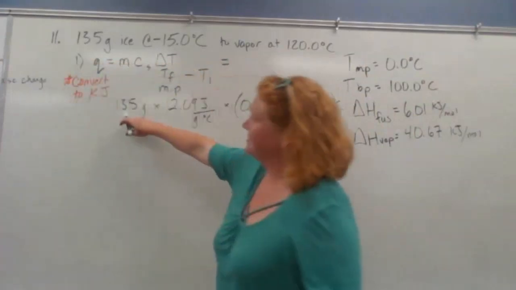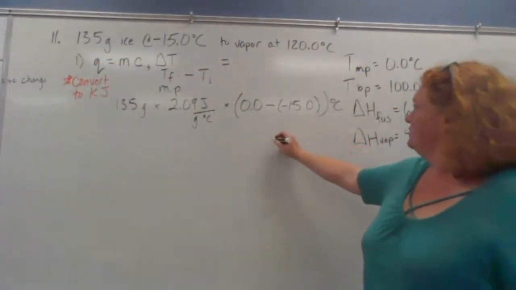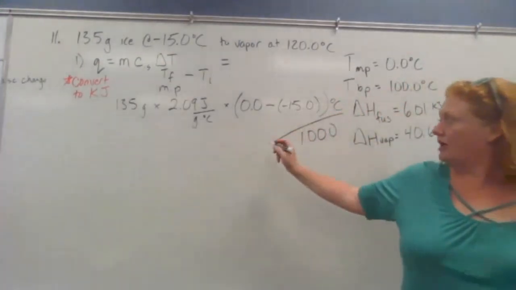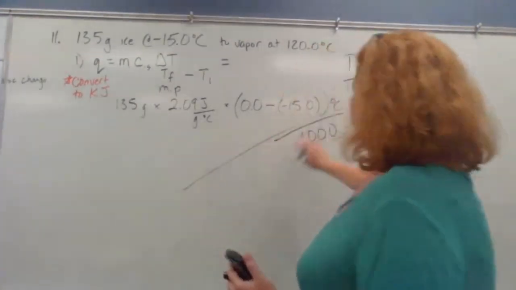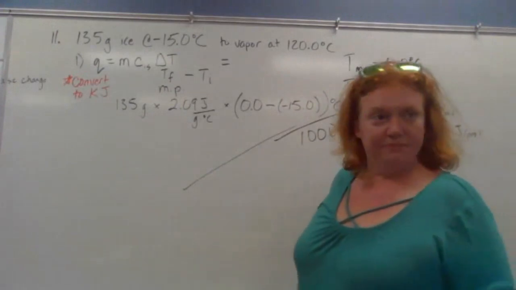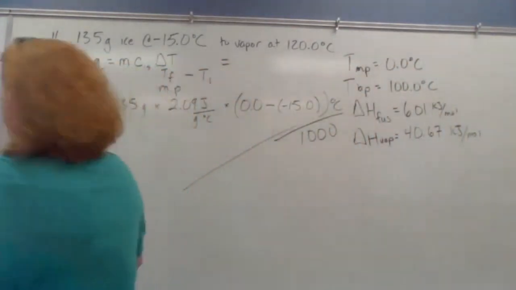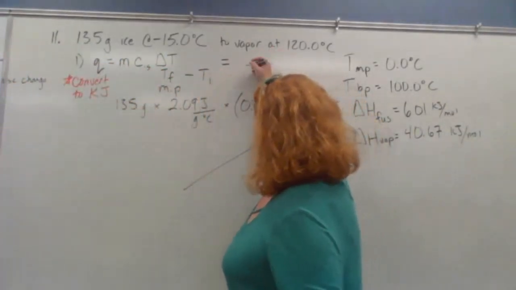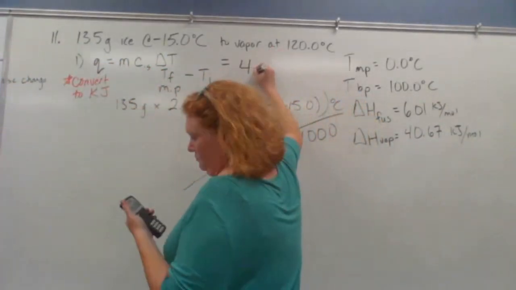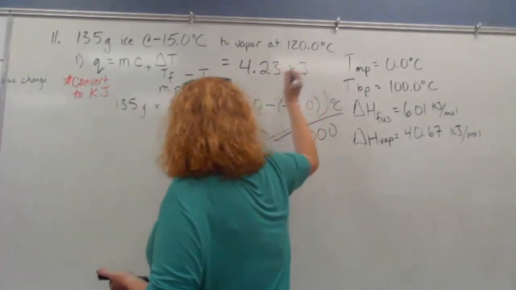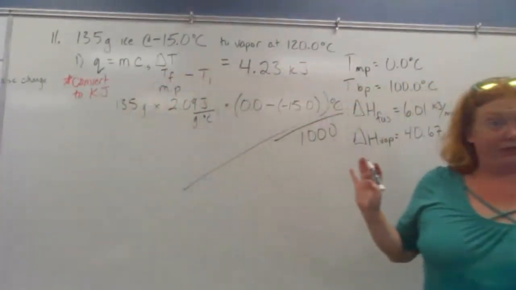So what does that mean? You take your answer and you divide it by 1,000, right? Whatever this entire answer is, you're going to divide it by 1,000. That'll give you kilojoules every time, right? .23.